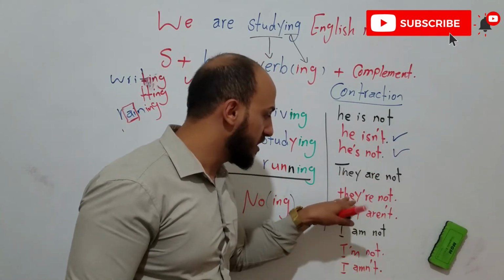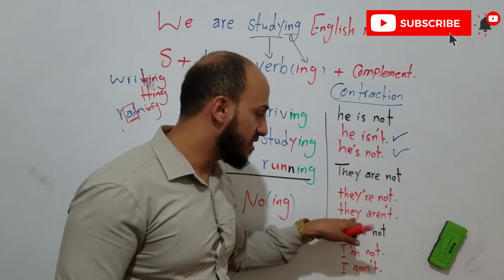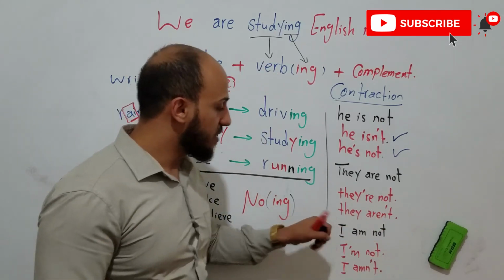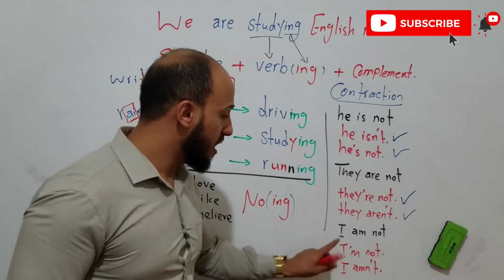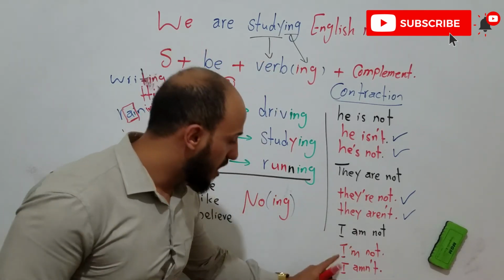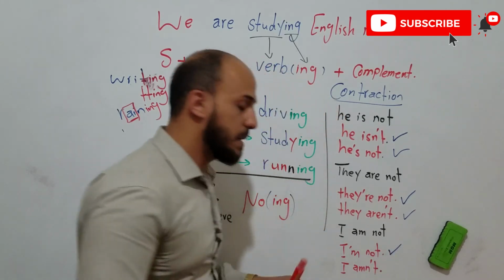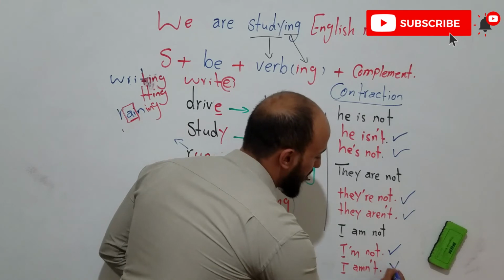The same idea: they're not, or they aren't. Both are correct. Next, I am not: I'm not. This is correct. But if you say "I amn't", this is wrong, guys.